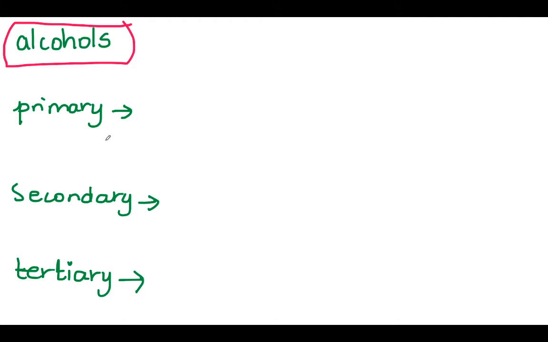So before we get into more information, an alcohol can be a primary alcohol, a secondary alcohol, or a tertiary alcohol. And that has to do with what the carbon is attached to. So for example, we already learned that an alcohol has a carbon bonded to an OH group, right?